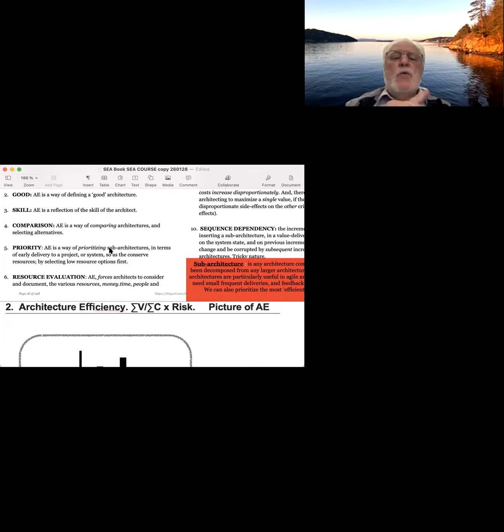In other words, which sub-architectures are we going to deliver first? And that means we're usually going to install and integrate a sub-architecture, usually in an old system to begin with, like the existing social security system, the existing national health system. And we're going to see if it works and what it really costs.